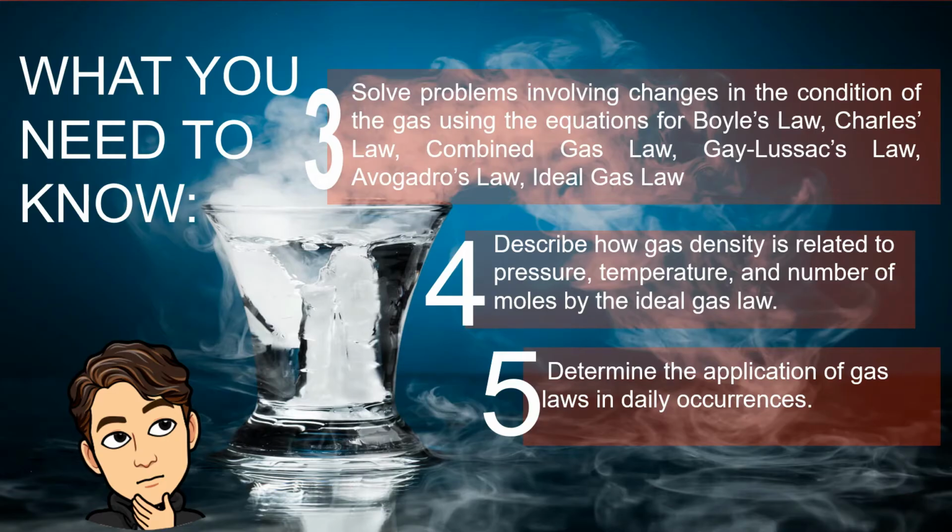For the third objective, we are going to try to solve problems involving changes in the condition of the gas using the equations for Boyle's law, Charles' law, combined gas law, Gay-Lussac's law, Avogadro's law, as well as the ideal gas law. The fourth objective is we are going to try to describe how gas density is related to pressure, temperature, and the number of moles by the ideal gas law. And the last is we are going to try to determine the application of gas laws in daily occurrences.